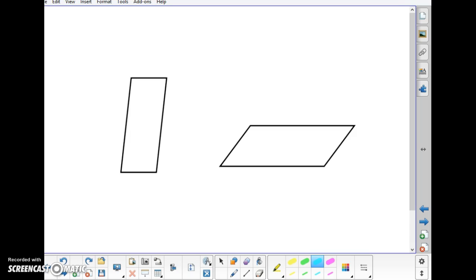Yesterday we looked at some parallelograms and we figured out information about their properties, and these are nice symmetrical shapes, and so their properties ended up being nice symmetrical numbers. So for example, we had these two sides that are opposite each other, and we realized they're congruent to each other, just like these two sides would also be congruent to each other. But it wasn't just about sides, it could be about angles.